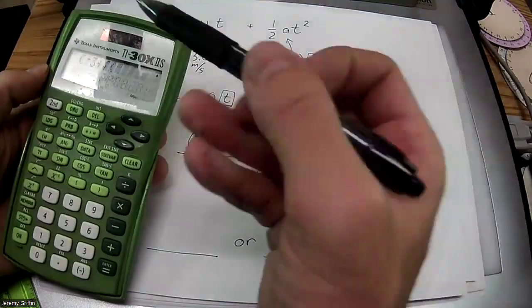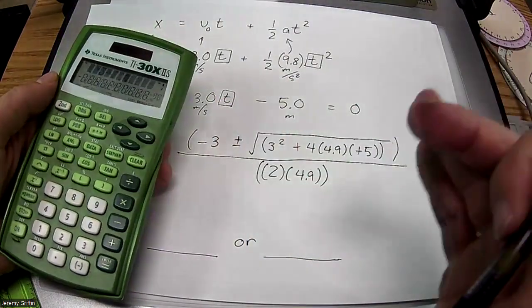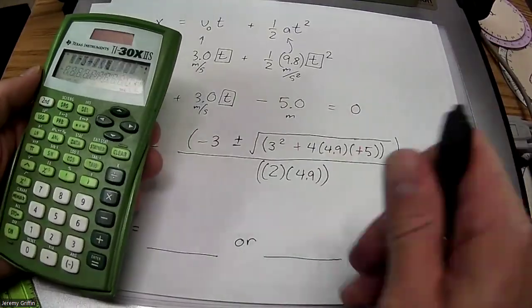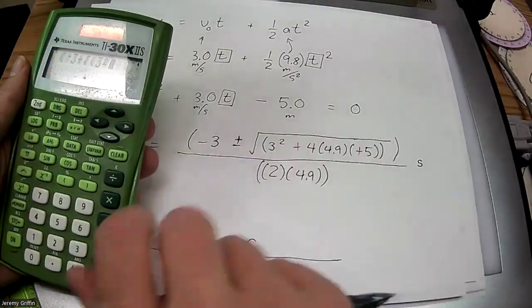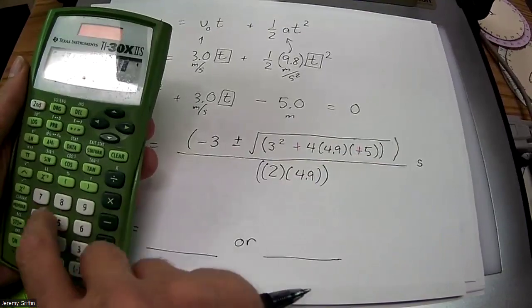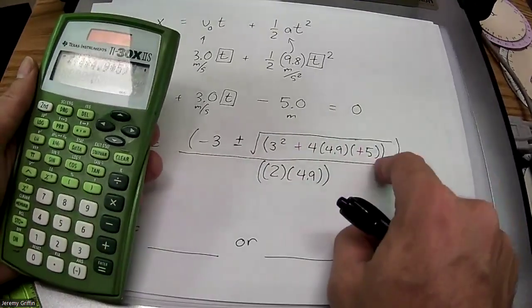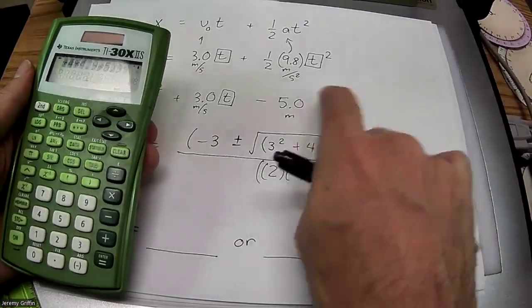This model calculator, when I hit square root, it automatically opens a parenthesis. As soon as I close that parenthesis, this calculator is going to stop square rooting. So just be aware of that. I got 3 squared. I canceled my negative, so it's plus now 4 times 4.9 times 5. Now close this parenthesis, it stops square rooting. Close another parenthesis, and that closes the entire numerator.